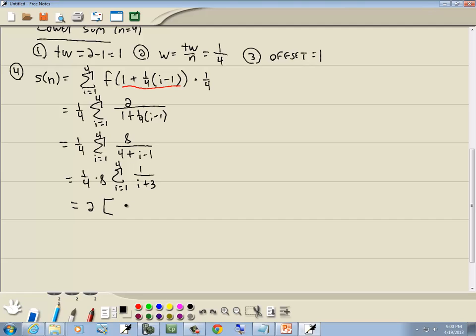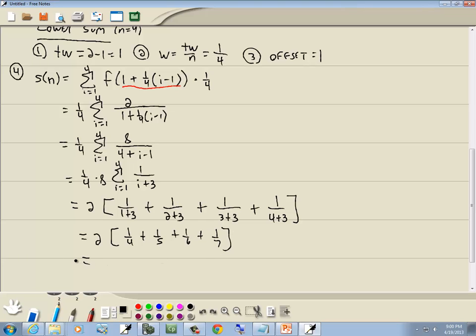So we've got 1 over 1 plus 3. Plus, then we'll put 2 in for i. So we've got 1 over 2 plus 3. We'll put in 3 for i. So we've got 3 plus 3. Plus, and we'll put in 4 for i. So we've got 4 plus 3. So it's going to give us 2 times 1/4 plus 1/5 plus 1/6 plus 1/7.